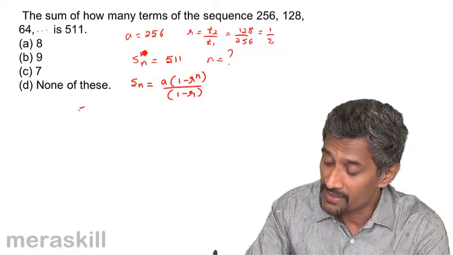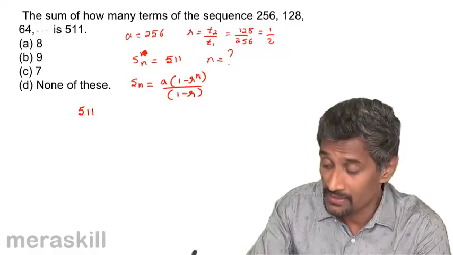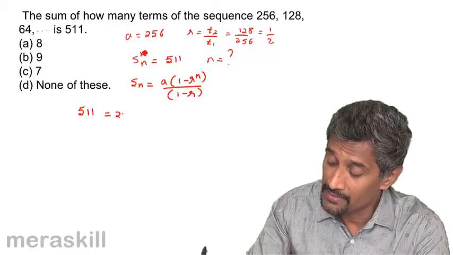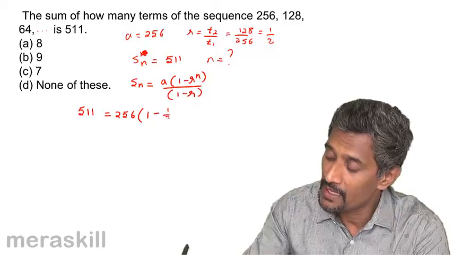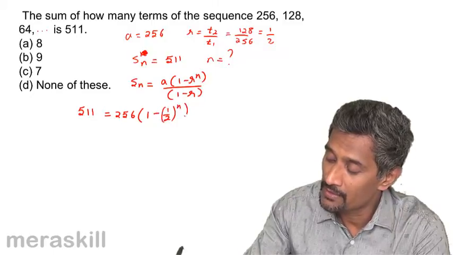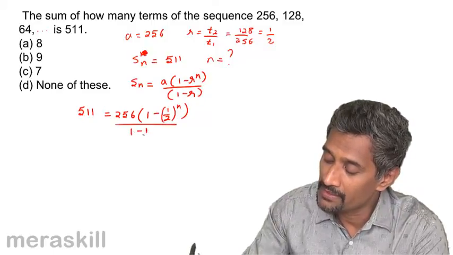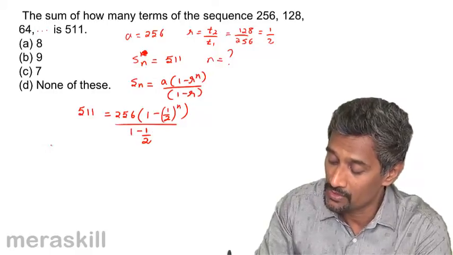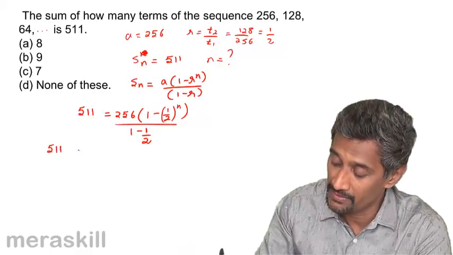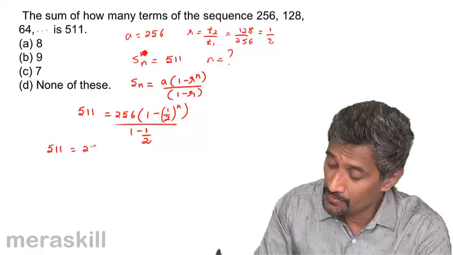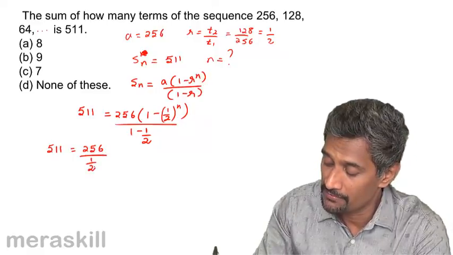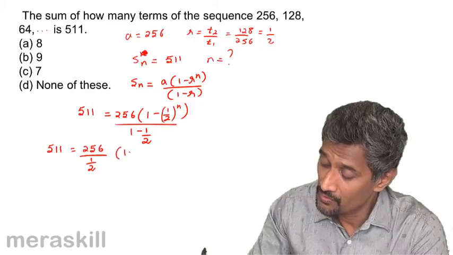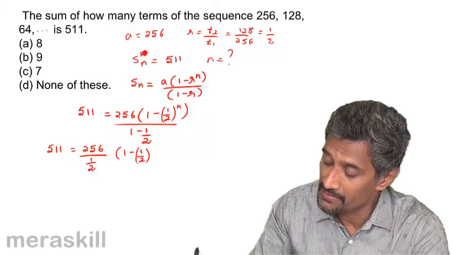So that means we substitute 511 instead of Sn. a is 256, 1 minus half raised to n upon 1 minus half, which will turn out to be 511 is equal to 256 upon 1 half into 1 minus half raised to n.